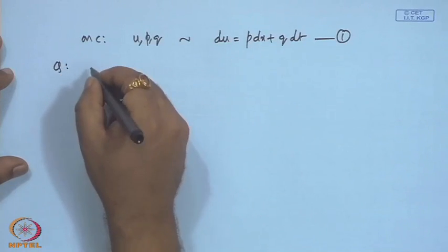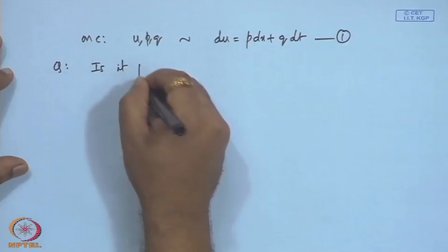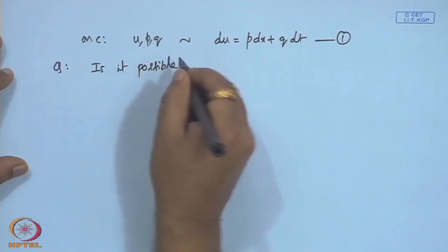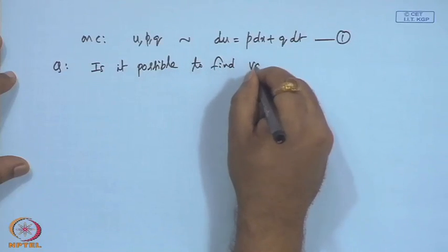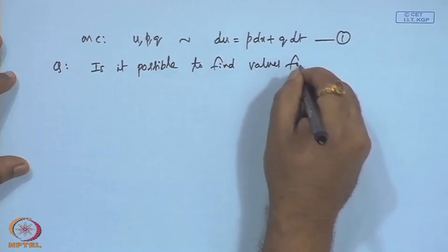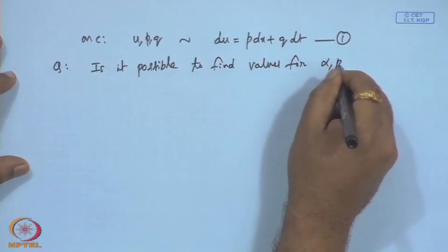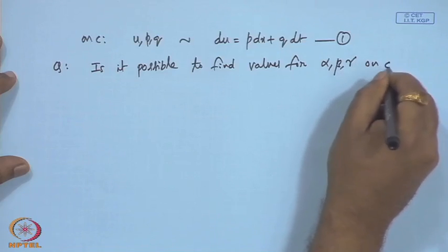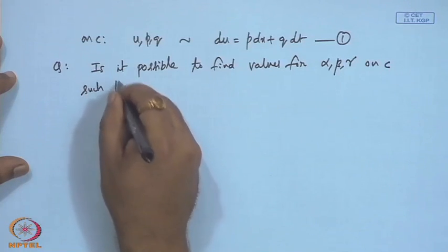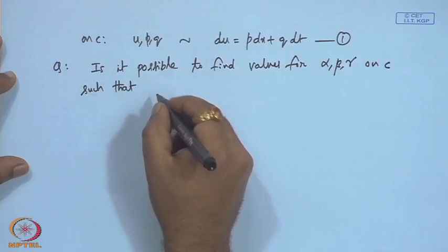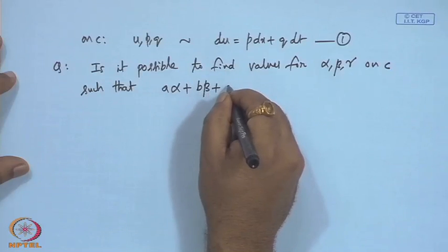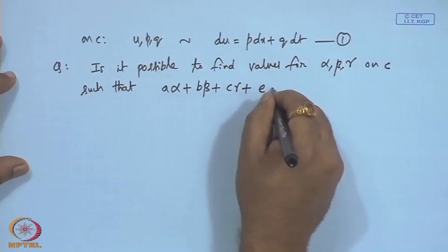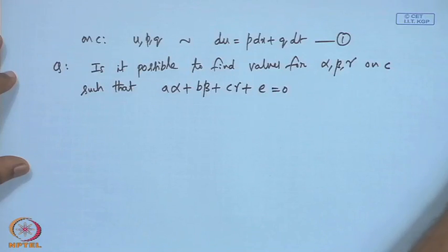Then the question is, is it possible to find values for alpha, beta, gamma on C such that A alpha plus B beta plus C gamma plus E equals to 0. What is this? This is our original equation.